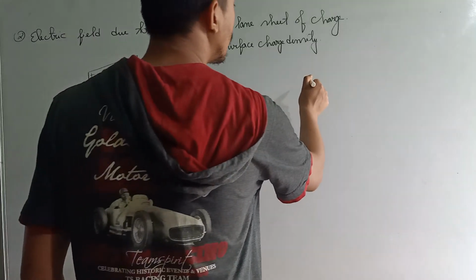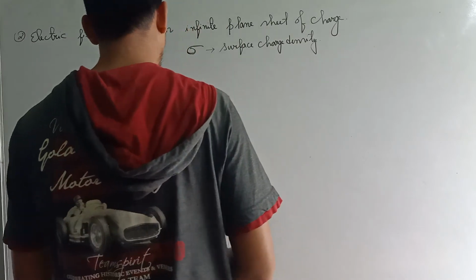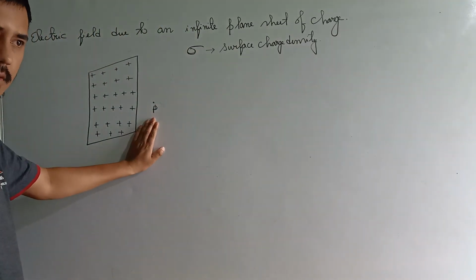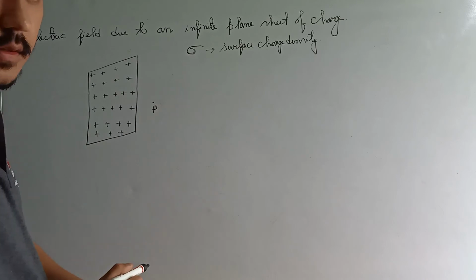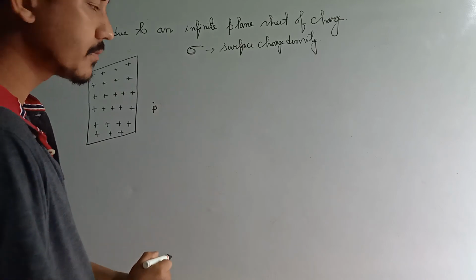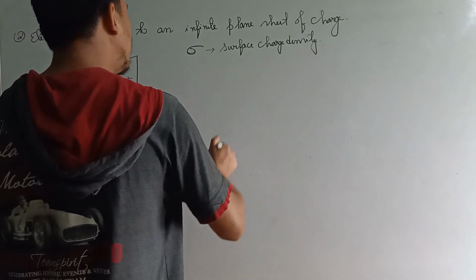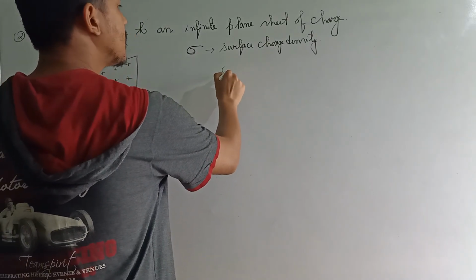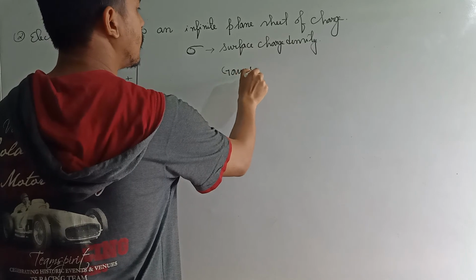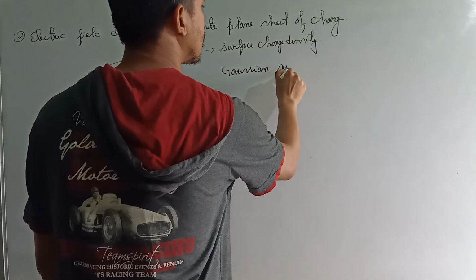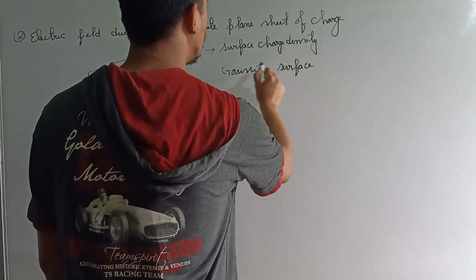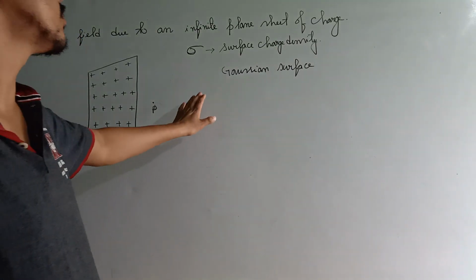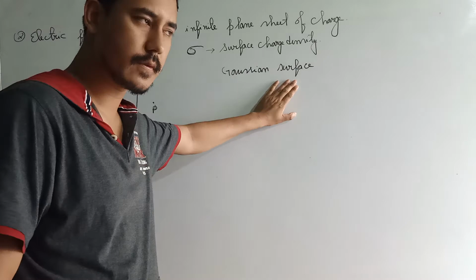In order to find the electric field at this point P, what do we need? We need a Gaussian surface, right? So we need to draw a Gaussian surface.